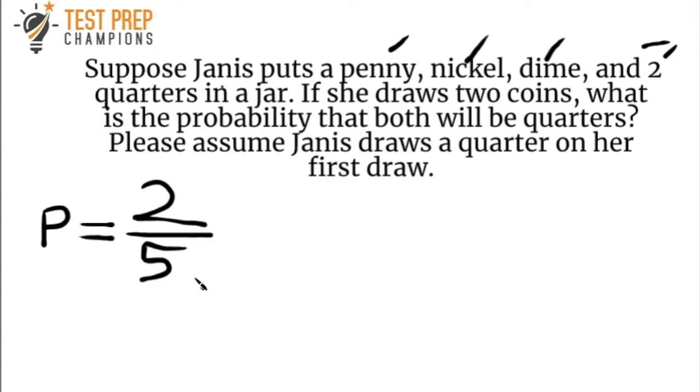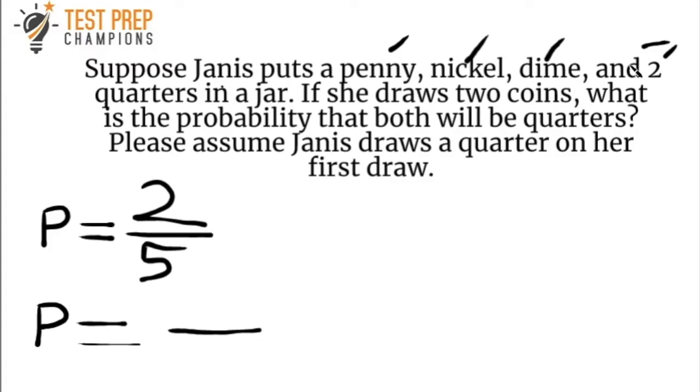All right. So now let's say that she draws that quarter, and now let's think about her second draw. So let me write the second draw down here. So the probability of drawing a quarter on the second draw, assuming that she picked a quarter on the first draw, is what? Well, let's start by thinking about how many coins are going to be left in the jar. So if she already drew a quarter on the first try, there's still going to be a penny, there's still going to be a nickel, and there's still going to be a dime. So we have 3 coins right here.